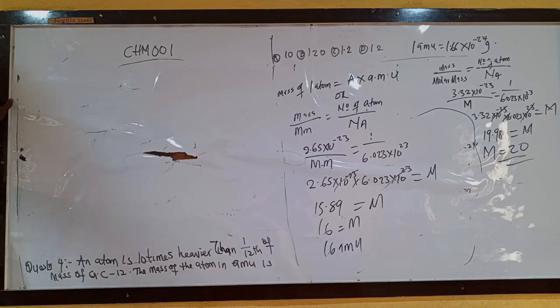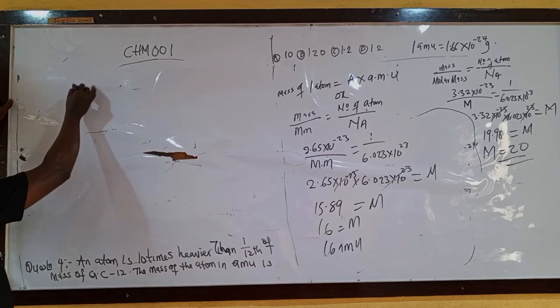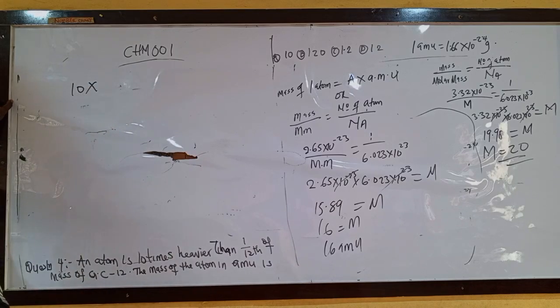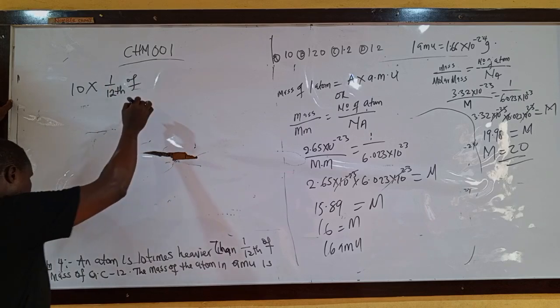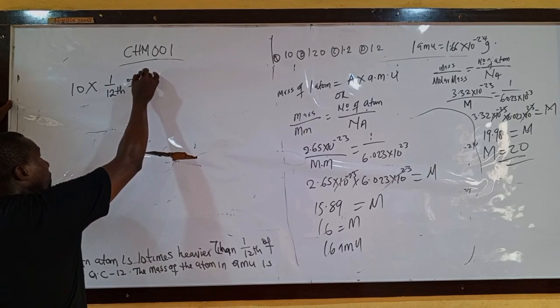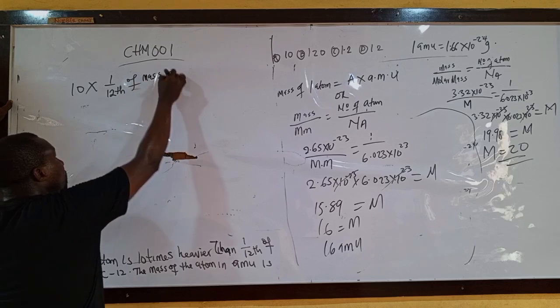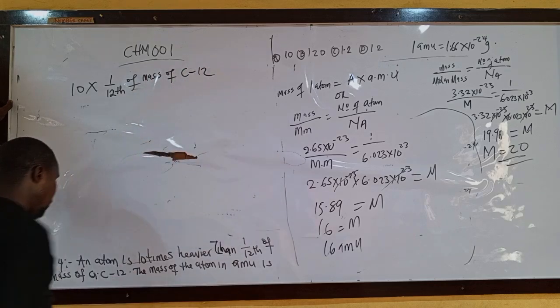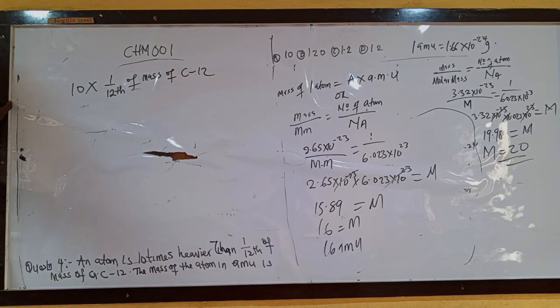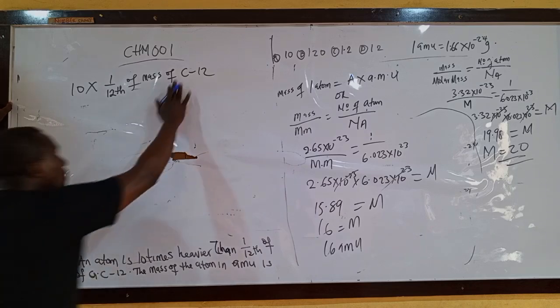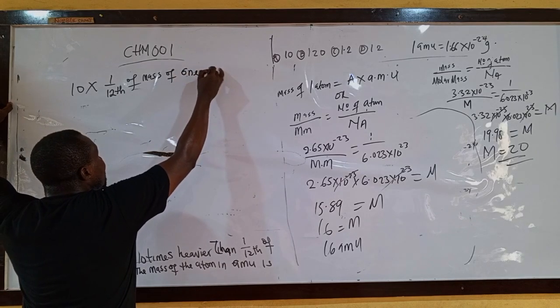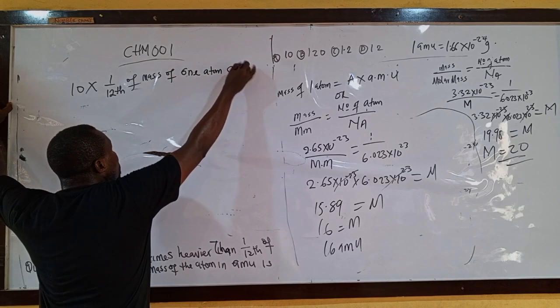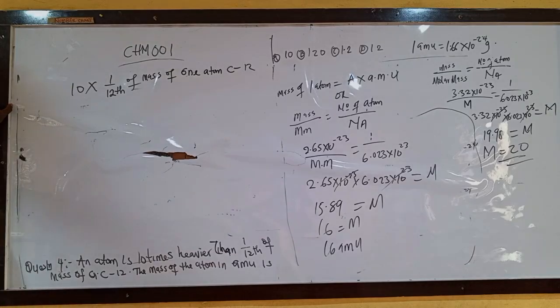Let's say an atom is 10 times heavier than 1/12 of the mass of one atom of carbon-12.